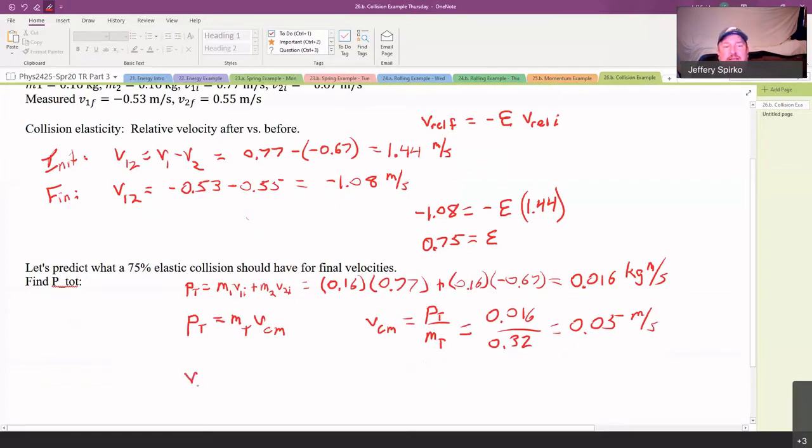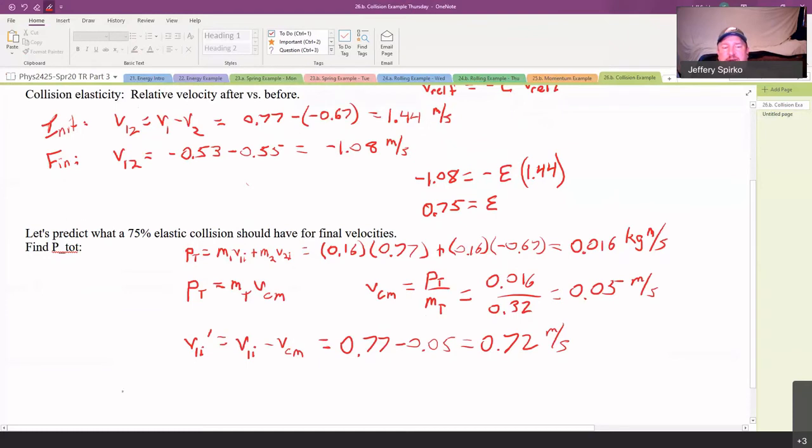Now we can calculate v1 initial prime. We can calculate v1's velocity relative to the center of mass. That's v1 initial minus v center of mass, which is 0.77 minus 0.05, or 0.72 meters per second.